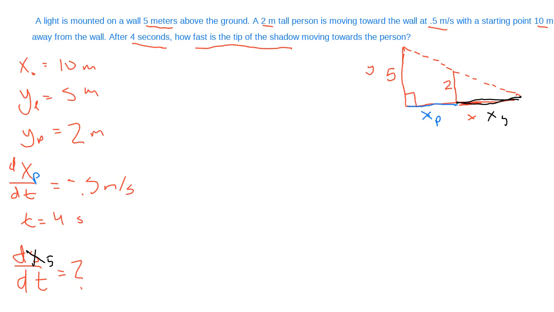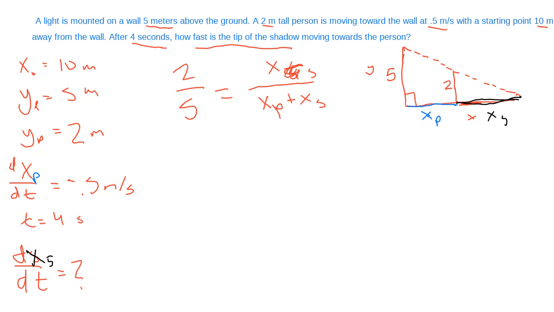We can say 2 over 5, which are the two heights, can be related if the little width of the smaller one is x sub s, and using the properties of similar triangles, the big one is xp plus xs.